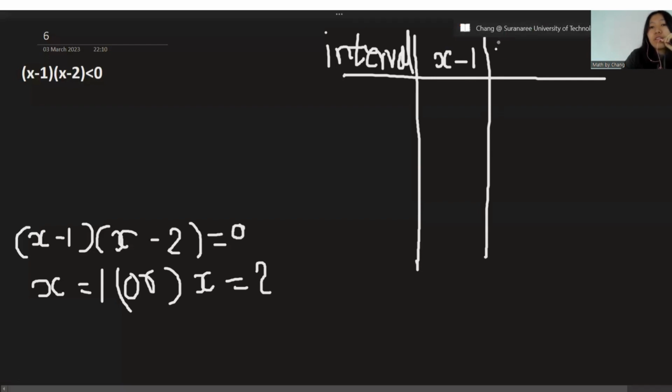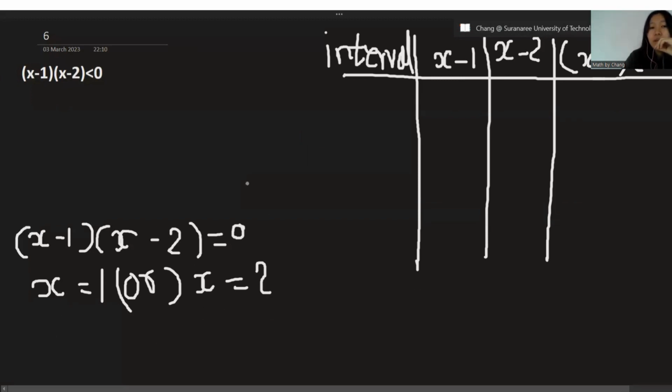Here will be x minus 2. And here will be x minus 1 times x minus 2. So you just simply put the factor pairs from the problem. Okay, so you need to consider the intervals.